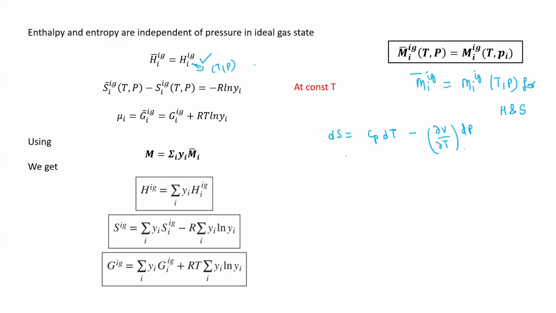So at constant temperature, the first term is 0, so ds i IG is equal to minus R d ln P.